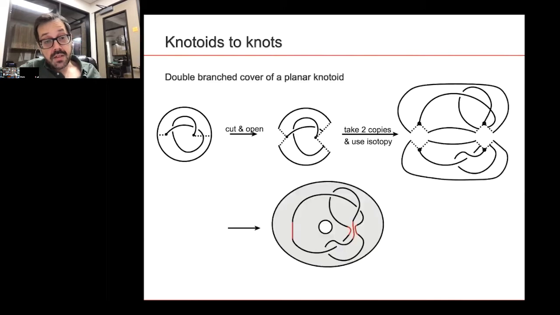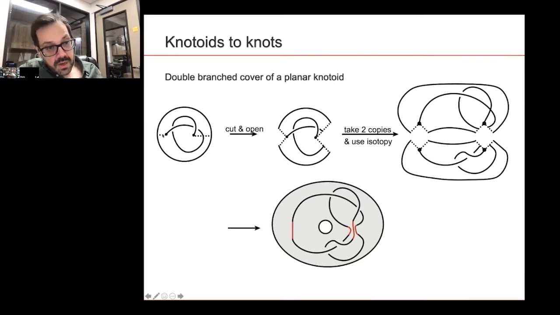Okay, there is another way to go from Knotoids to knots, on the torus, in the annulus and then the torus, and I really like this. So let's start with a planar Knotoid. We can take the double branched cover of that. So we can actually take the endpoints. We have the Knotoid diagram here. We imagine a circle around it.